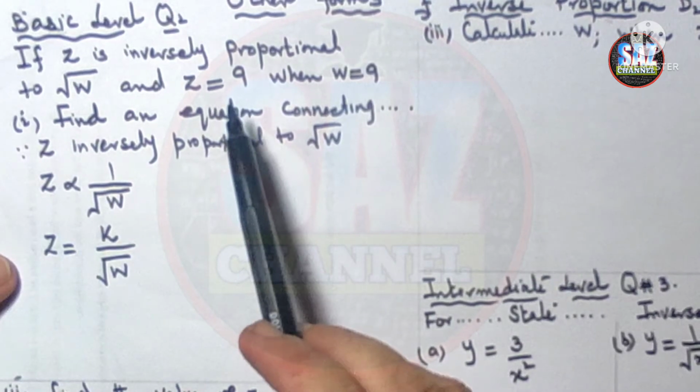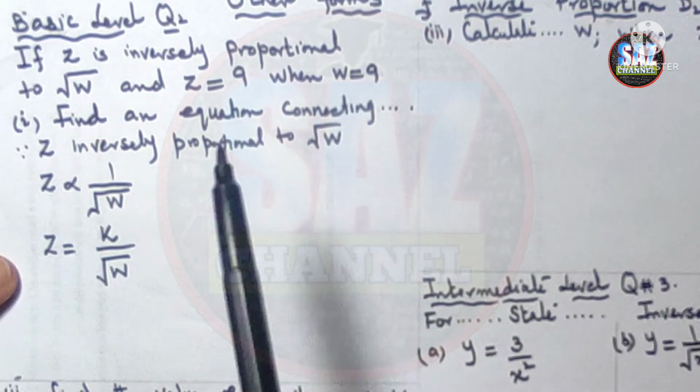Then the information is given that z is equal to 9 when w is equal to 9.